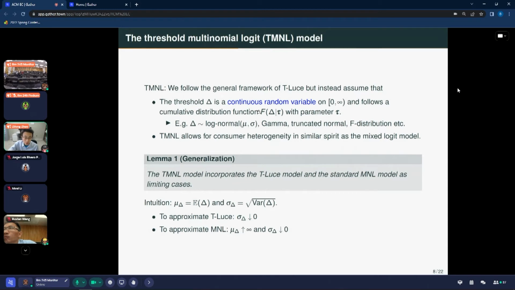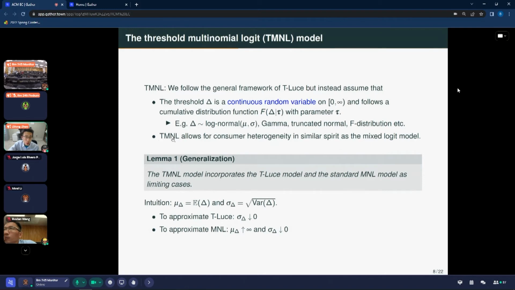For example, delta can follow a log normal distribution, a gamma distribution, and so on. We call this probability distribution f delta tau, and tau is the parameter to be estimated, right?